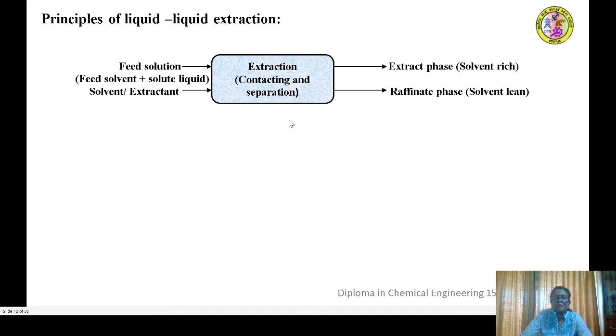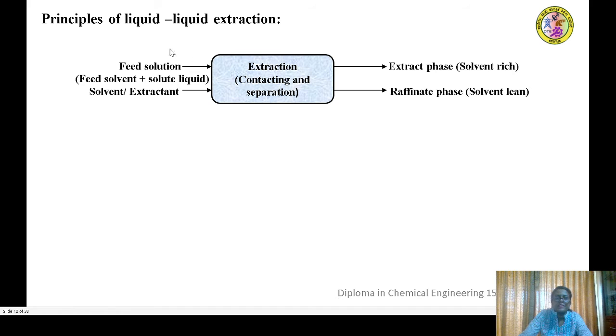Okay, so this is a simple flow diagram to explain how extraction is conducted. Let us assume this block represents an equipment in which liquid extraction is carried out. As understood, there are two phases that enter the equipment, and the two phases, after getting contacted inside, will go out of the equipment.